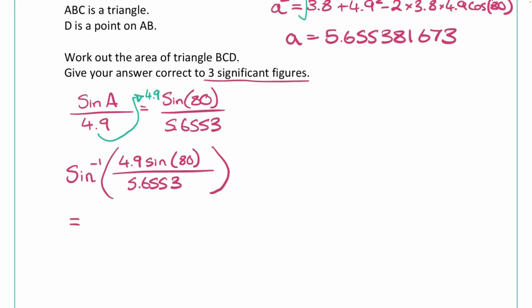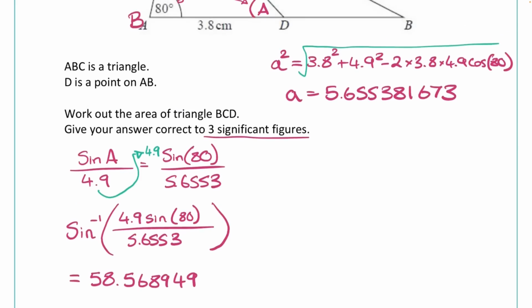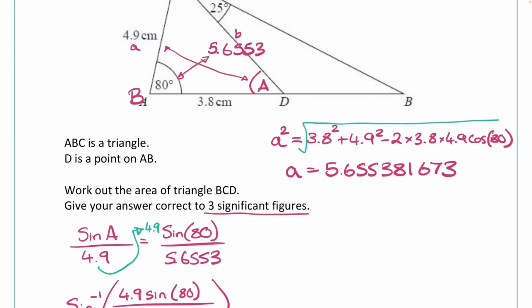That's going to give me the angle. It comes out as 58.568949. So that angle there, and if I get rid of the A now, get rid of all these arrows and all these labels, that one there is 58.568.